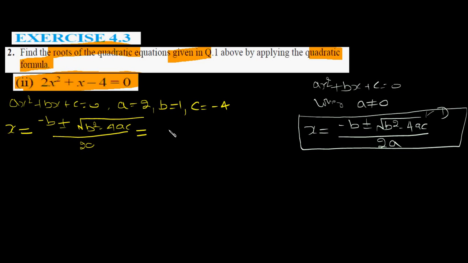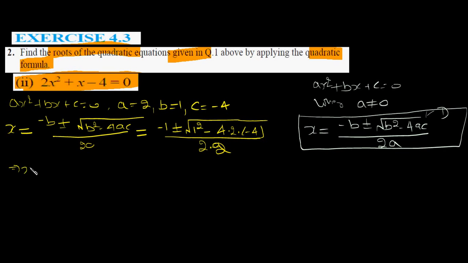From here the value of b is 1, so this will be minus 1, plus minus square root of 1 square, minus 4 into a, the value of a is 2, and the value of c is minus 4, divided by 2 into a, which is 2 into 2.